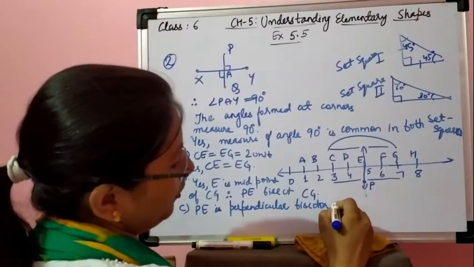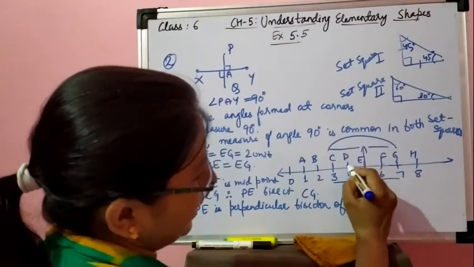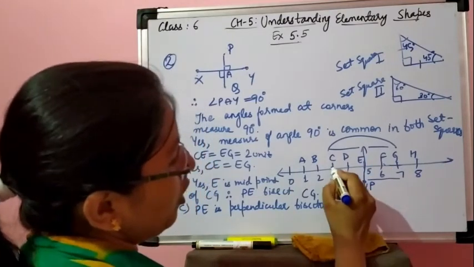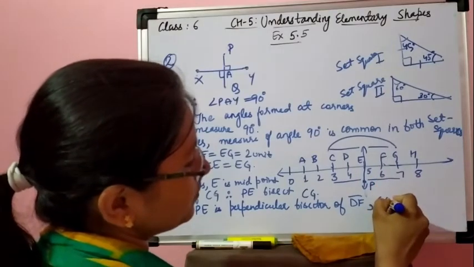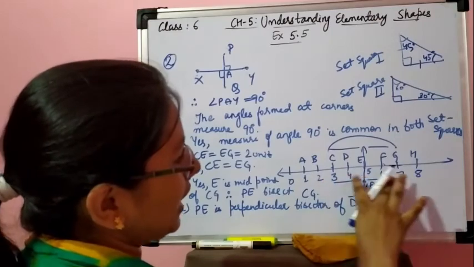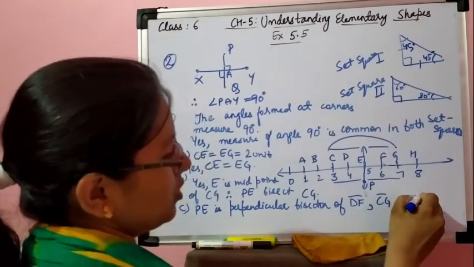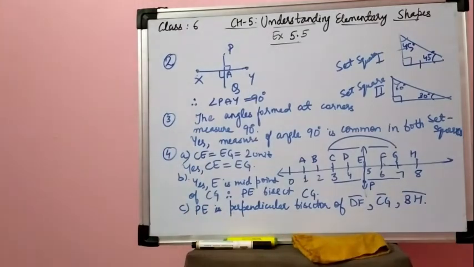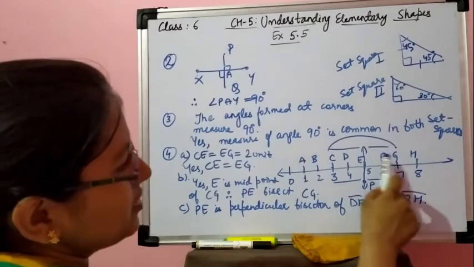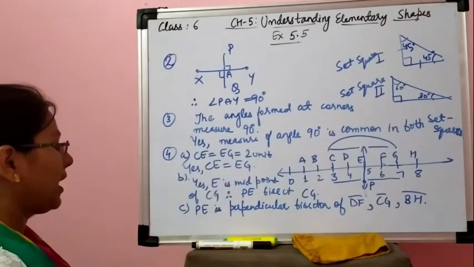So we can have many more examples. PE is the perpendicular bisector of DF first, then CG, at a gap of two units, then at a gap of 3 units, that is BH. So these 3 examples we can give: PE is the perpendicular bisector of DF, CG and BH. This was the C part.